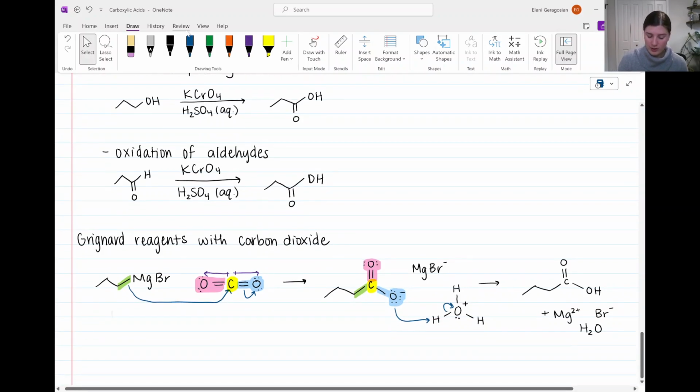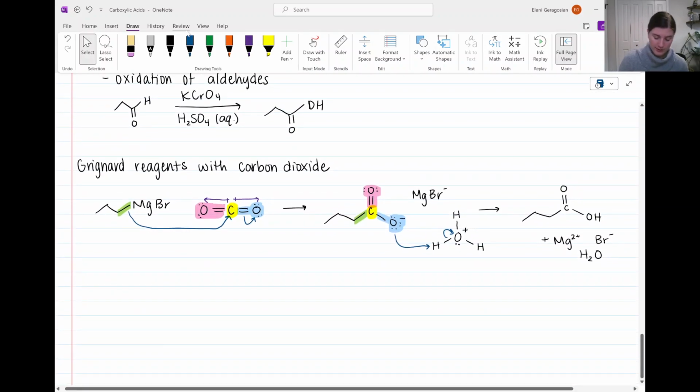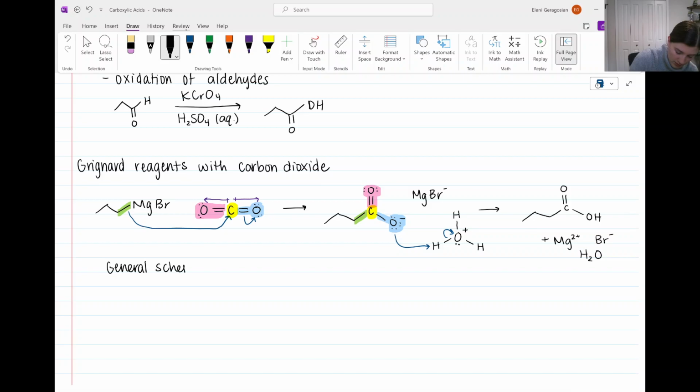Okay, so if we write the general reaction scheme for this reaction, we'd start with some organometallic reagent. That R group is a carbon chain, for example, propane in our mechanism that we drew above. In our first step, we add carbon dioxide.